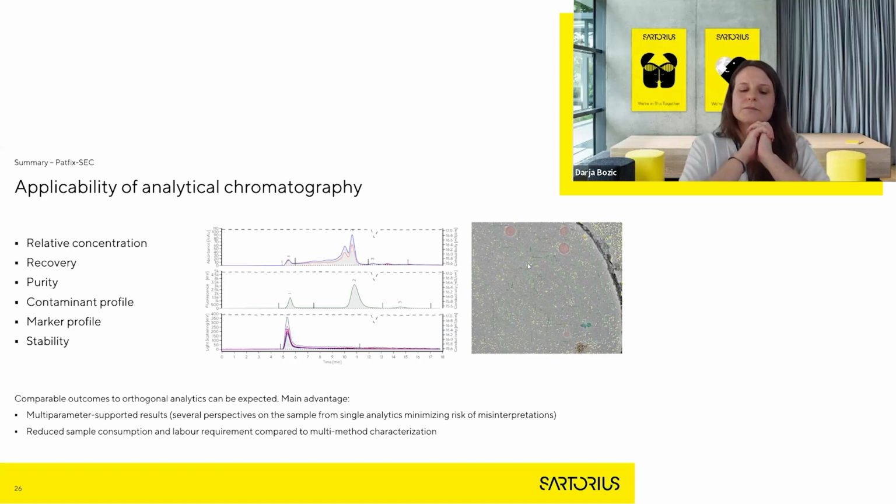Is there a risk of EV aggregation or loss during the SEC analysis, and how can this be minimized? Well, we performed some assessments of the recovery of the particles during our SEC method. And I can tell you that for our past samples, we normally observe a recovery of about 85%, which is, in my view, rather good. Of course, there is some risk of damage of the particles.